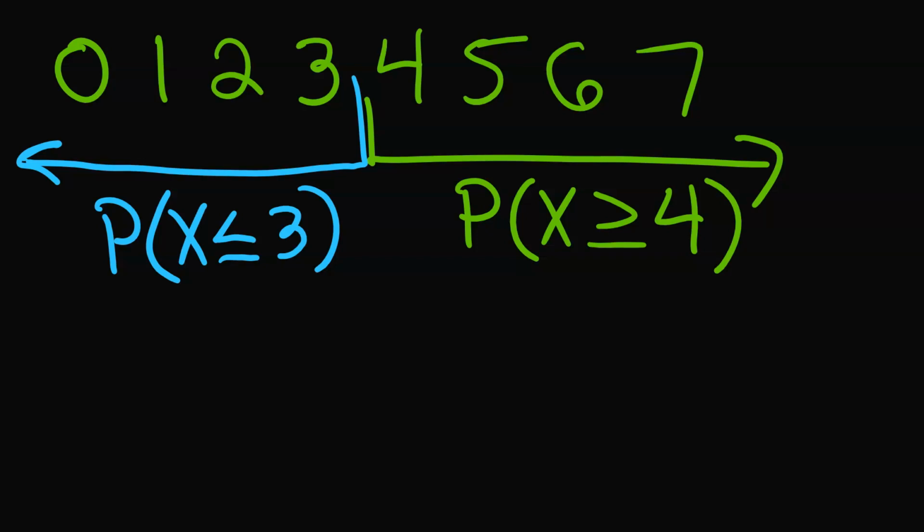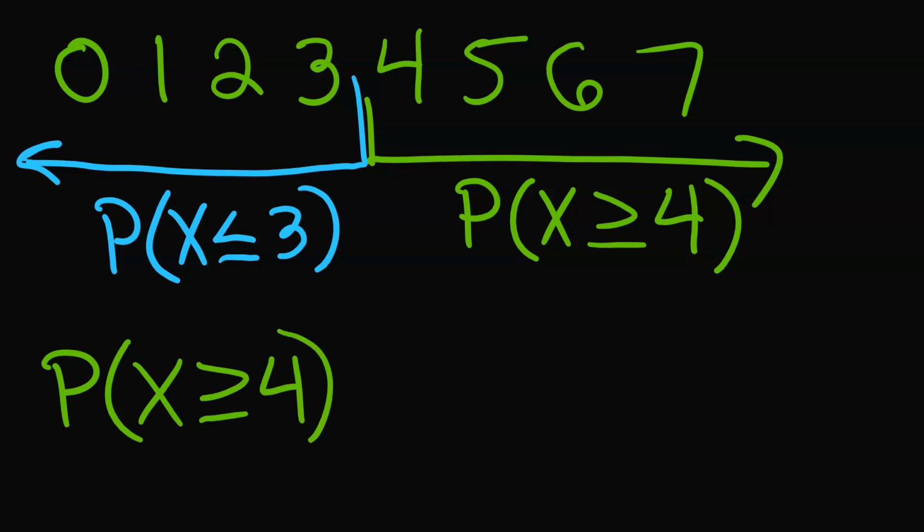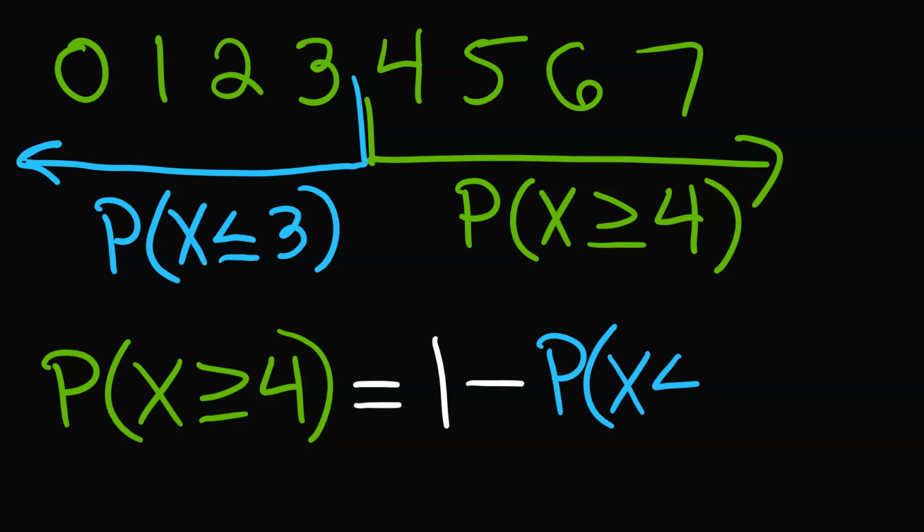That's our maximum probability, the total probability. So if we're a little creative, the probability of x being greater than or equal to 4 is 1 minus the probability that x is less than or equal to 3. The good part is that we can look up this blue probability, x being less than or equal to 3, in the table with no problems.